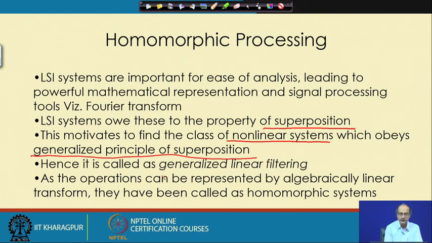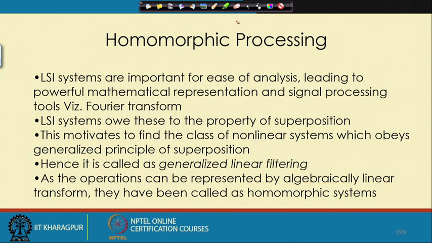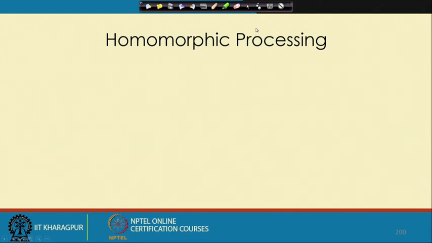Whatever tools we use under it, we call generalized linear filtering. They are a little different from the previous filters we have designed, and for that we need some algebraic mapping or algebraic transform, called a homomorphic transform, and overall we call it a homomorphic system.